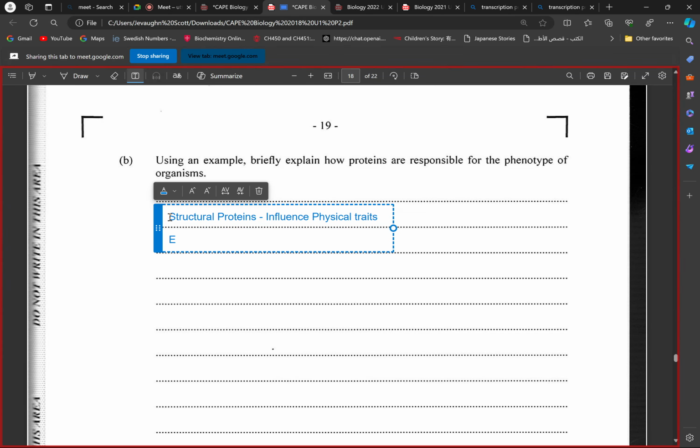Different proteins will produce different enzymes, right? And we know that enzymes catalyze different metabolic reactions, so it affects metabolism, and that in turn will influence phenotypic traits.